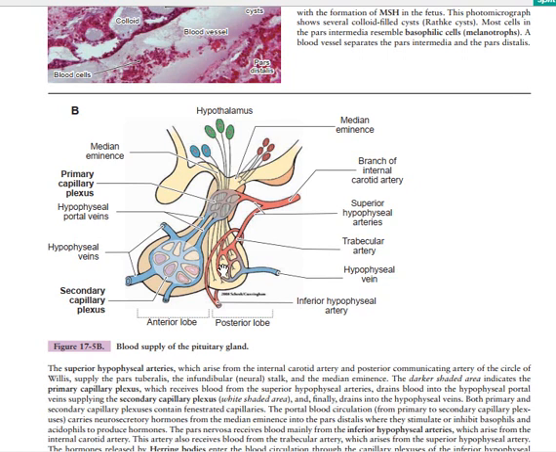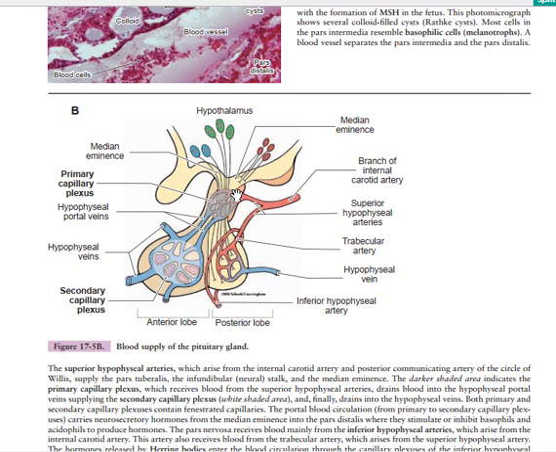In the posterior pituitary gland, the inferior and superior hypophyseal arteries are going to anastomose and produce their capillary system that's going to drain into the hypophyseal vein. But in the case of the anterior pituitary gland, only the superior hypophyseal artery is going to produce the first capillary system that is going to drain here the pars tuberalis. Then it's going to produce the next capillary system that is going to drain now the pars distalis.